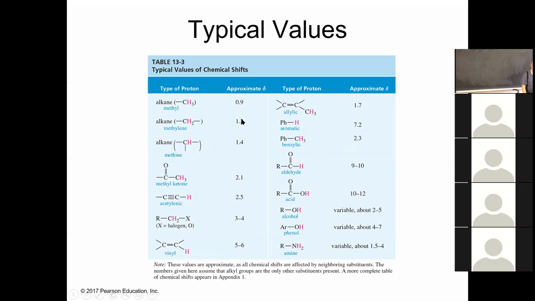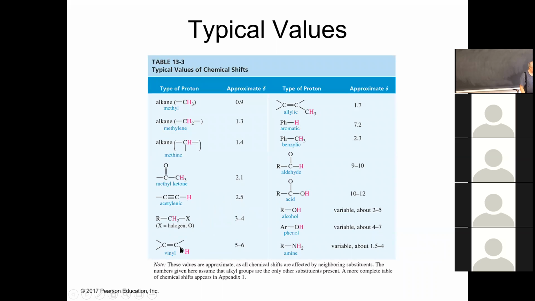You can see that the chemical shifts will show up on average around 1. Protons on a methyl alpha to a carbonyl are going to show up about 2.1. Acetylenic hydrogens, about 2.5. And if we have an electronegative element, either a halogen or an oxygen, on the same carbon as the protons, then we see a chemical shift of about 3 to 4.